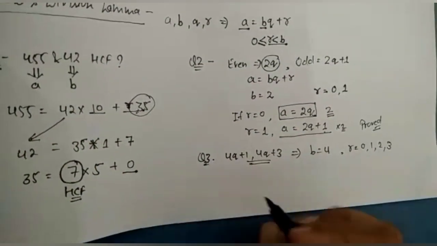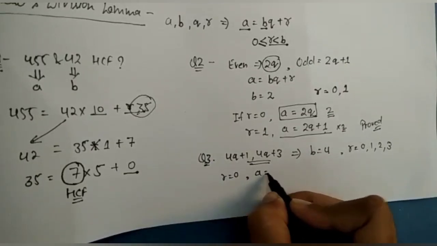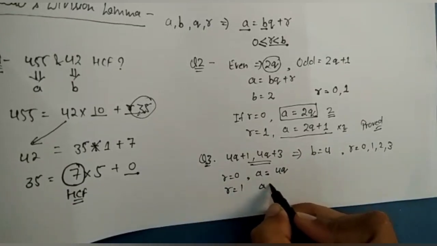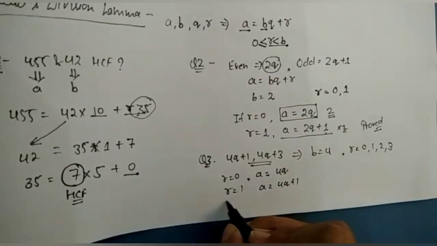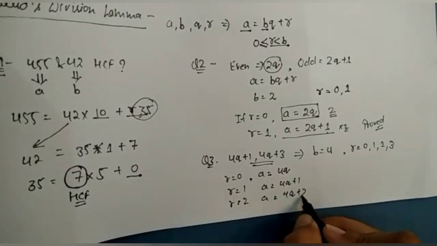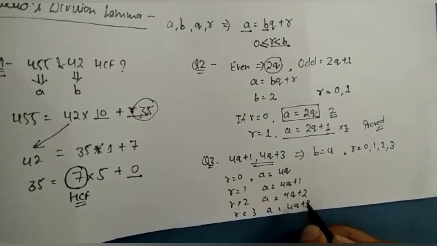Now if r is equal to 0, then a is equal to 4q, r is equal to 1, a is equal to 4q plus 1, r is equal to 2, a is equal to 4q plus 2, r is equal to 3, a is equal to 4q plus 3.